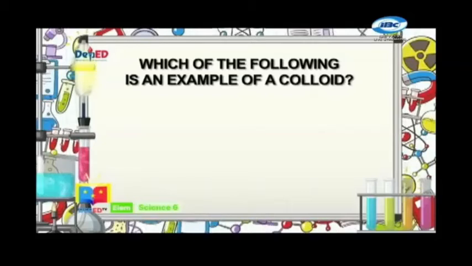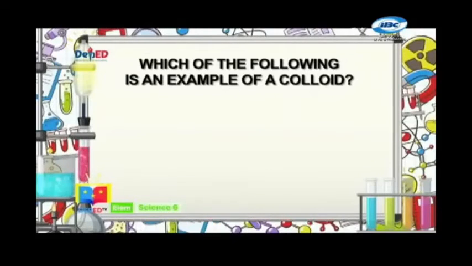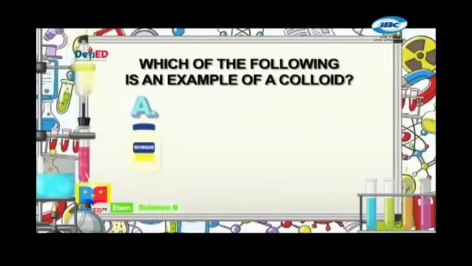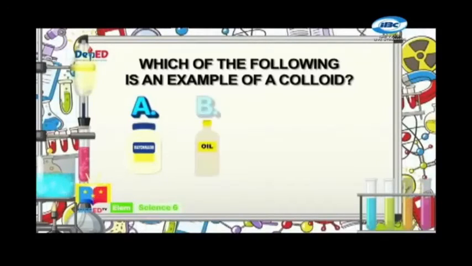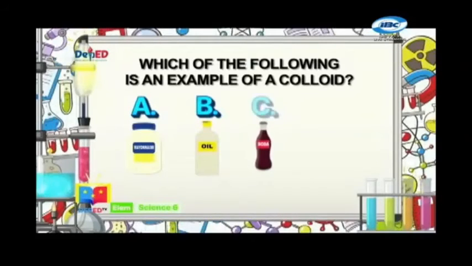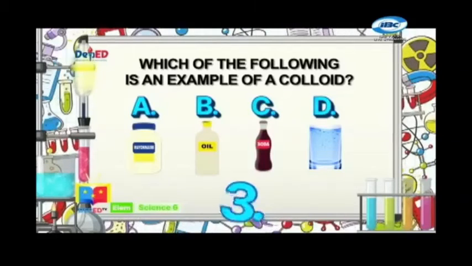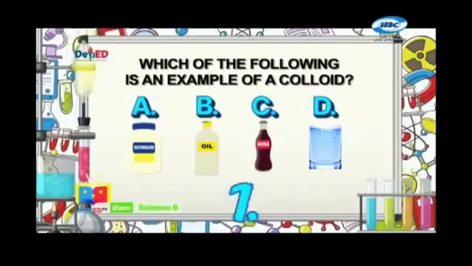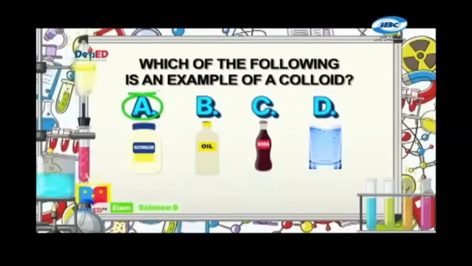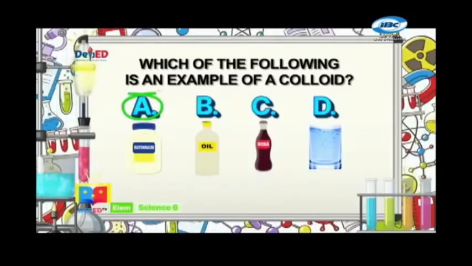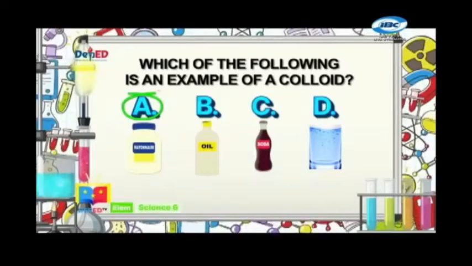Number 1. Which of the following is an example of a colloid? A. Mayonnaise, B. Cooking oil, C. Soft drinks, or D. Bubbles in the water. The correct answer is letter A. Mayonnaise.